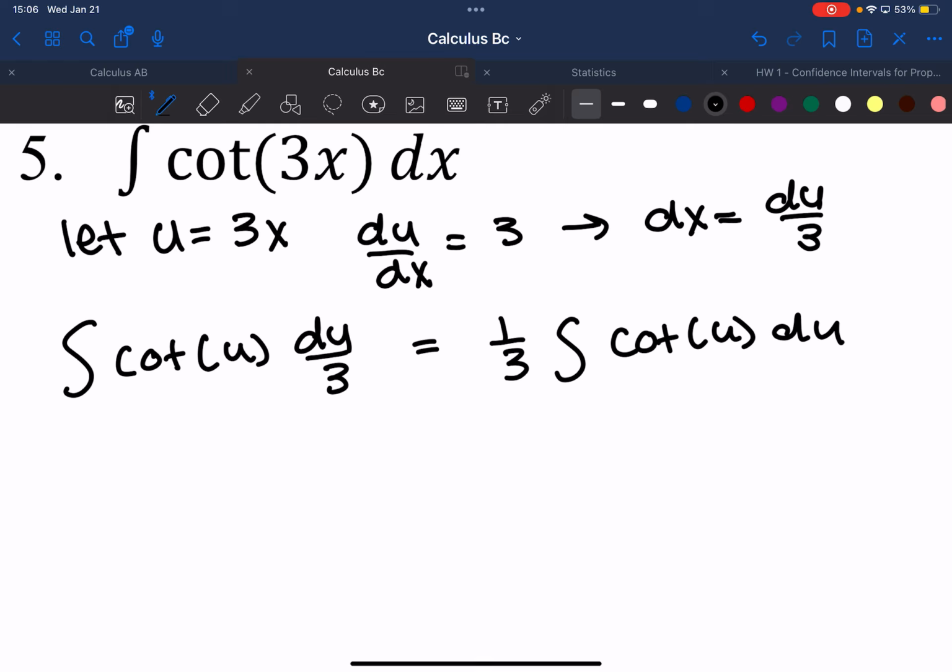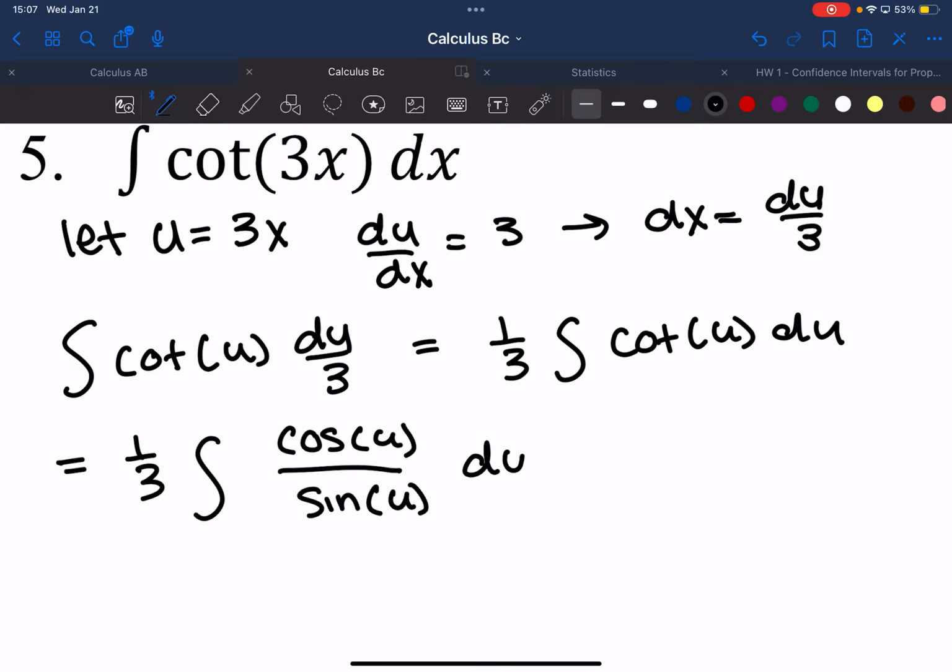So we have to think about the properties of trig. What's another way to write cotangent? 1 over tangent. What's another way? Cosine over sine. So we can say this is 1/3 integral cosine of u over sine of u du.